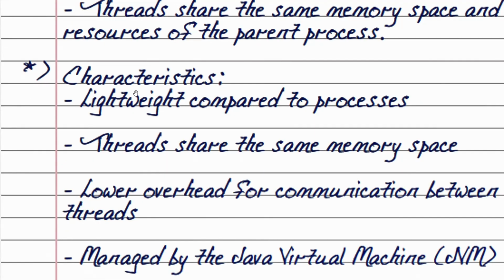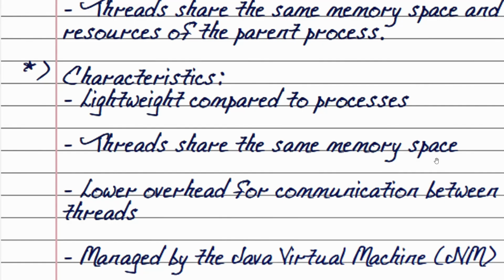Now let's see the characteristics of thread-based multitasking. It is lightweight compared to processes. Compared to process-based multitasking, thread-based multitasking is lightweight and process-based multitasking is heavyweight. Next, threads share the same memory space, and in process-based, each process has its own memory space as well as resources.